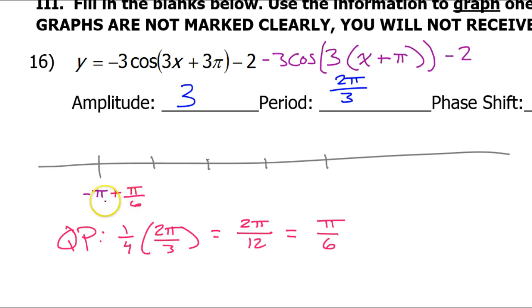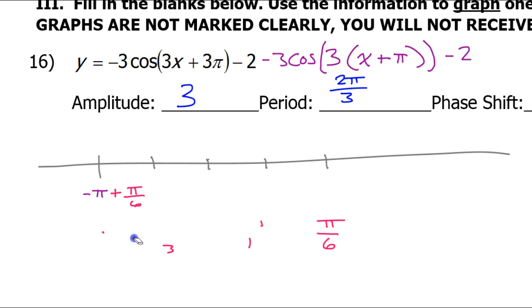Now of course to add I need like denominators, so I'm going to modify this to make like denominators. I'm going to have a denominator of 6 and a numerator of 6, so that's going to make this negative 6 pi over 6. Negative 6 pi over 6 is the same thing as just negative pi.